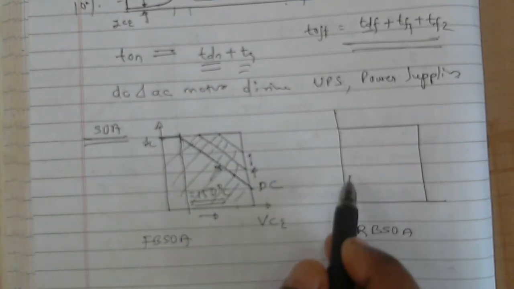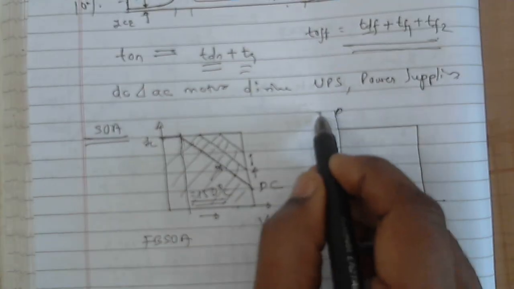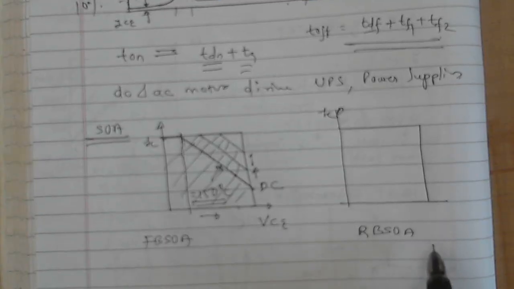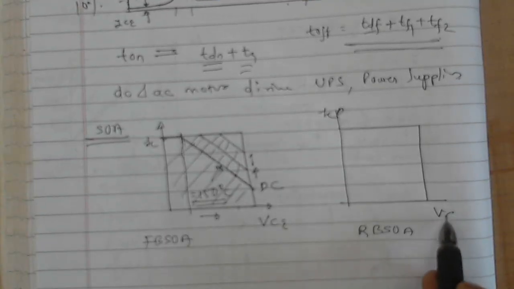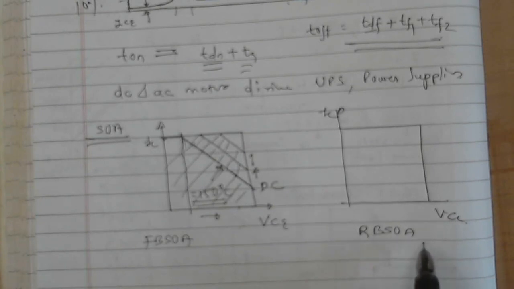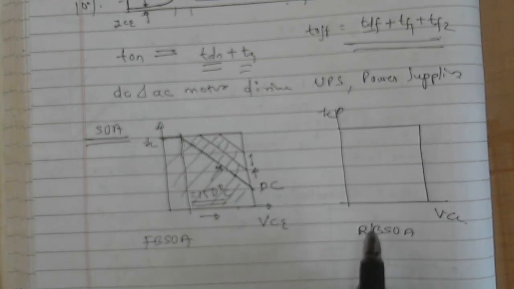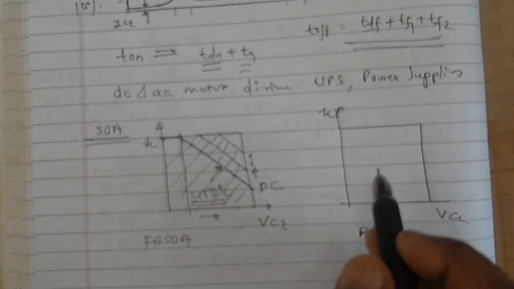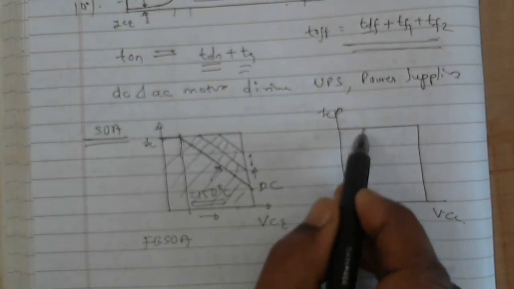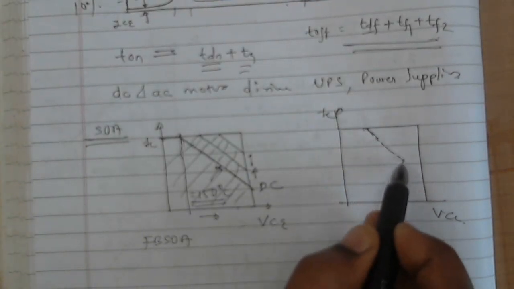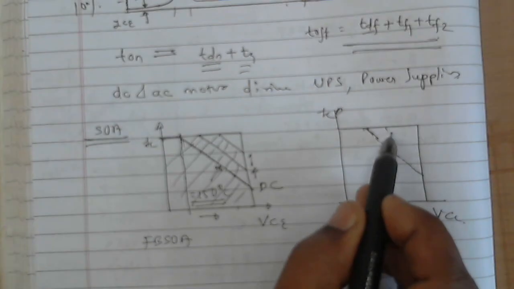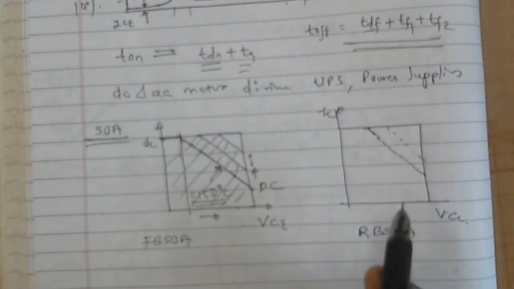Similarly for reverse bias, this is IC, this is VC. If the reapplied rate of change of your collector to emitter voltage increases, then your safe operating area gets reduced. So it depends on the rate at which you are reducing.